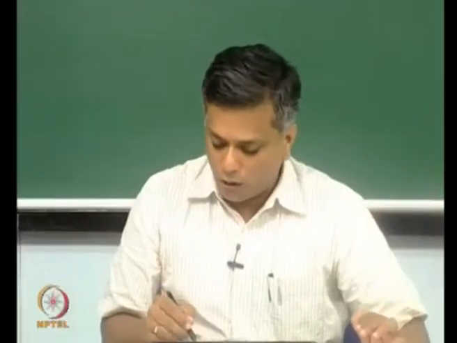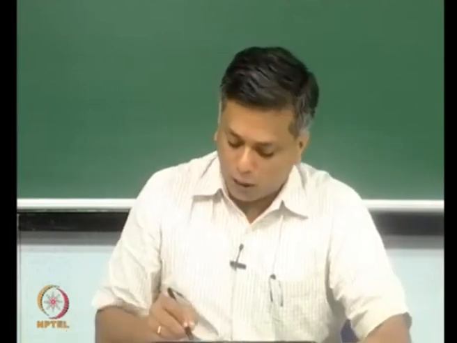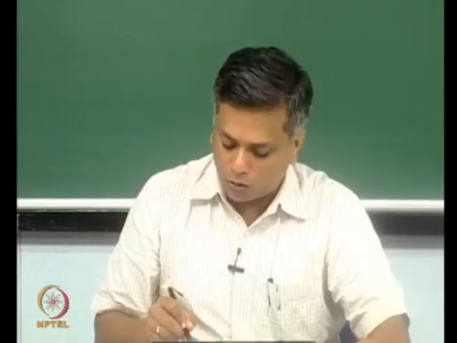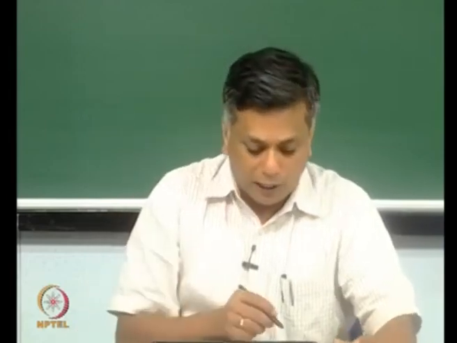So, I know alpha d in some domain including the spray. Potentially alpha d here is very close to 0, because there are hardly any drops in that part. But if I take a domain, I know alpha d as a function of x and y in there, and I can define a mixture density.